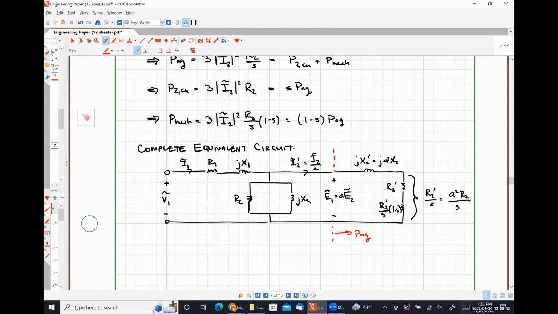Okay, so I do have one last thing I want to talk about here, but this is not the equivalent circuit that we are going to wind up using. So in class on Thursday, I'm going to develop a different equivalent circuit that will be easier for us to use. It is not going to be the cantilever equivalent circuit that we dealt with for transformers. It actually can't be.